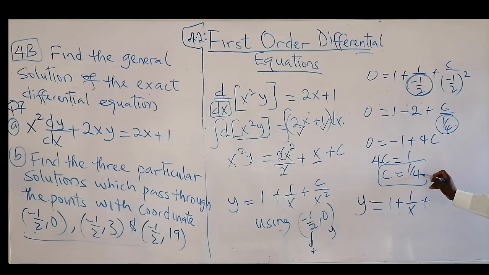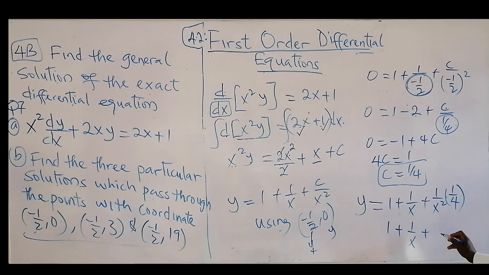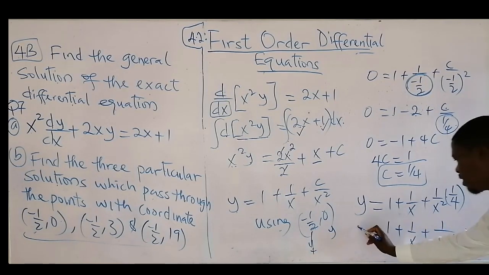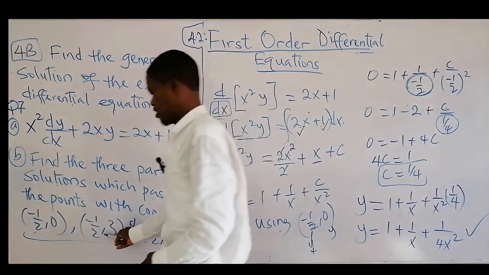This one is c, which is equal to 1 over x squared times 1 over 4. That is equal to 1 plus 1 over x, and then plus 1 over 4x squared. So that's the first particular solution.